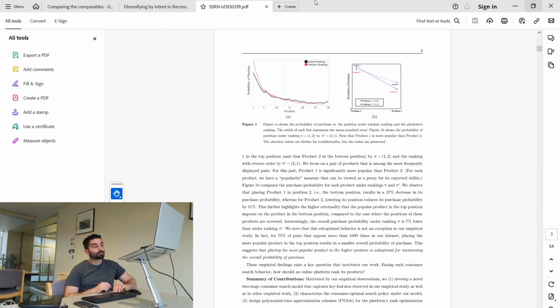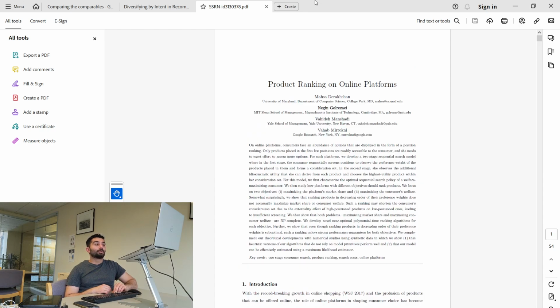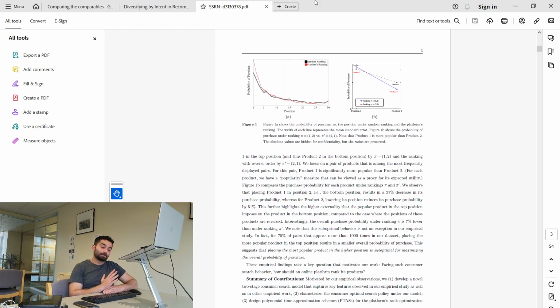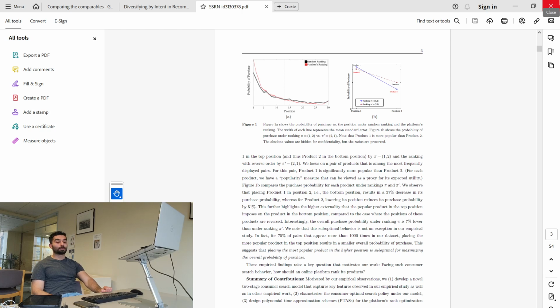Yeah, if you have a merit... because we know that because of consumers' limited attention or laziness, the fact that they don't go all the way down the list, being at a high position brings you value.